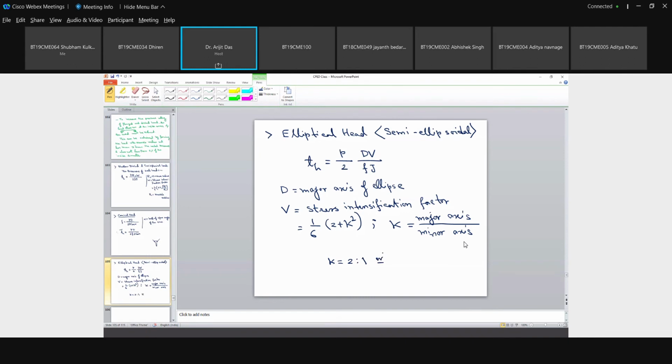Okay, what does semi-ellipsoidal mean? The width of the ellipse is twice the depth.